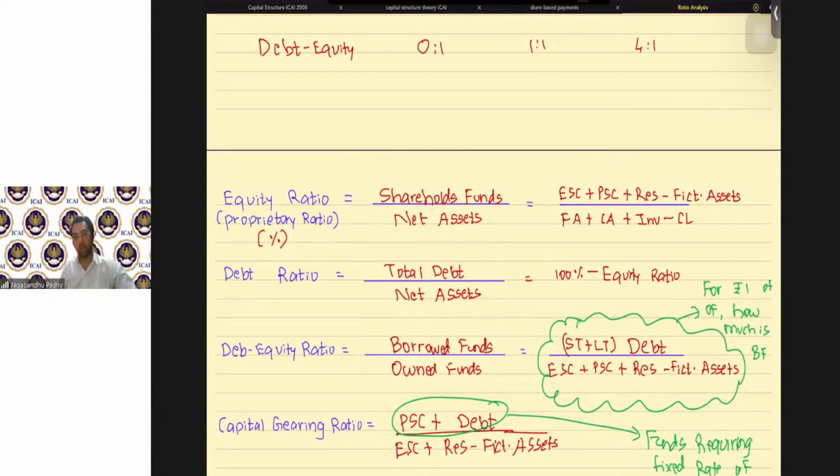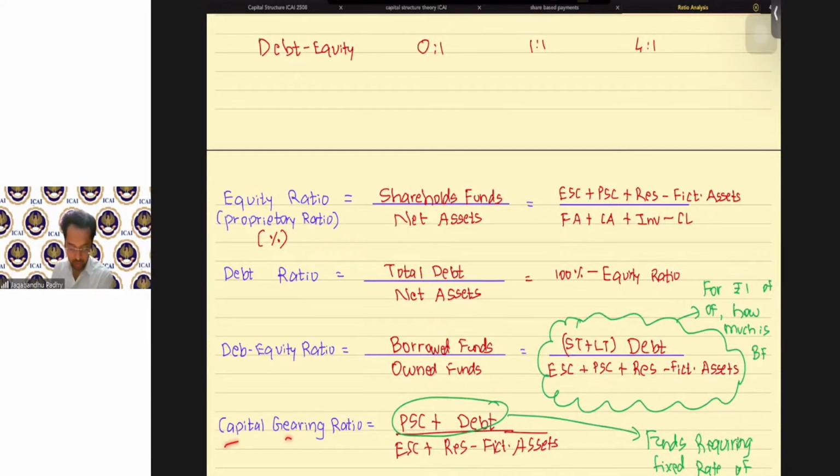Similarly, we have debt equity ratio, which was borrowed funds upon own funds. Capital gearing ratio had preference share capital plus debt upon equity shareholders' fund. Always remember, equity shareholders' fund will be derived by reducing the fictitious assets. The numerator is preference share capital plus debt.